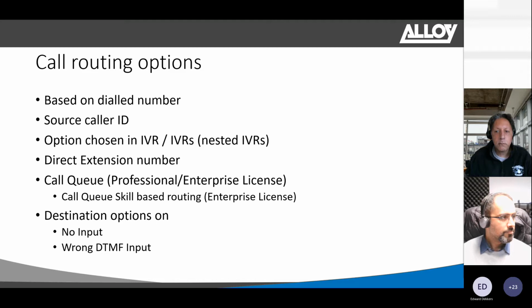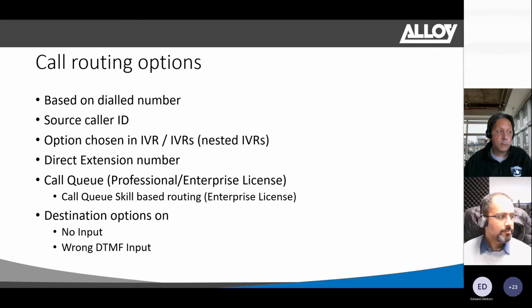Directed. We can ask if they know the number of the extension, and then the person dials the number of the extension directly, so he more or less bypasses the queue. We can have the call queue, the professional, and the enterprise license, and then we can have the call queue on a skill-based routing.